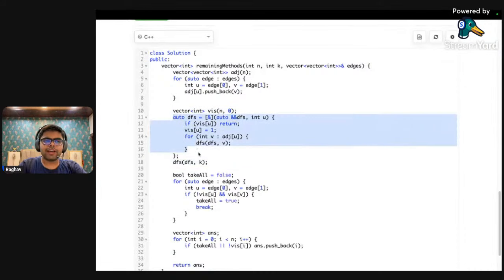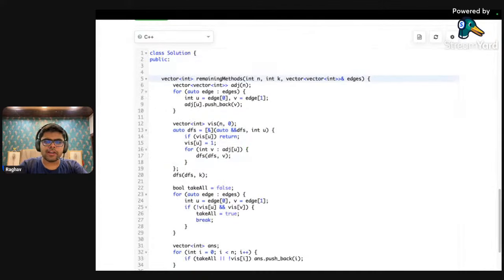Some people might find it confusing because I have written the DFS function as a lambda function. If you feel it is confusing, then feel free to just write the normal DFS, the normal way in which we write the DFS.